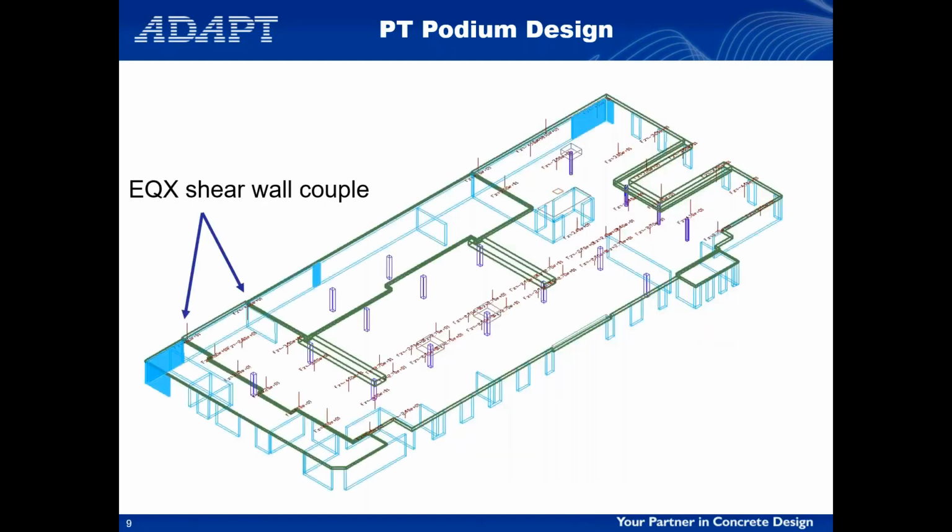What does that look like? Looking at the EQX shear wall couples, we would have applied those onto the podium. In this first stage, there's no foundation yet. We're just assuming this is the podium by itself, and we're concentrating on designing the podium.